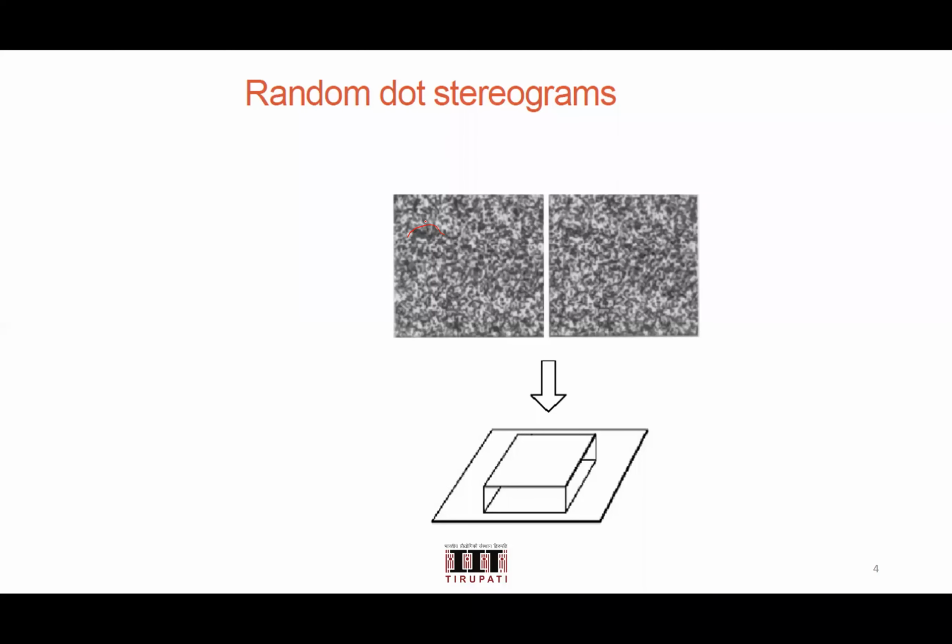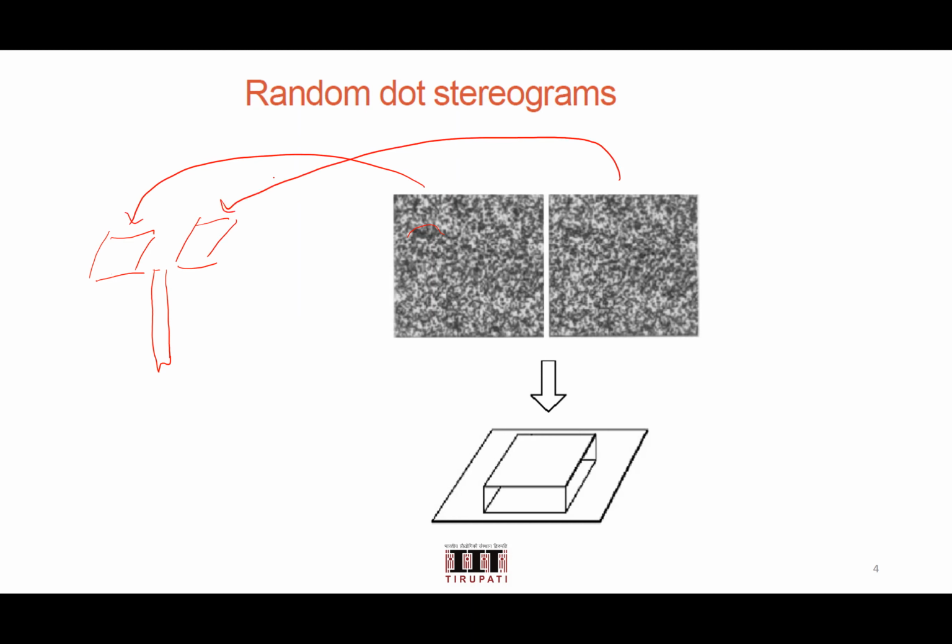But the moment these two are combined, we cannot do it here, but if you want to do it, like the setup that we have seen in the previous one, you should have a separating shield. This image should be shown on one side, and this image should be shown on the other side.